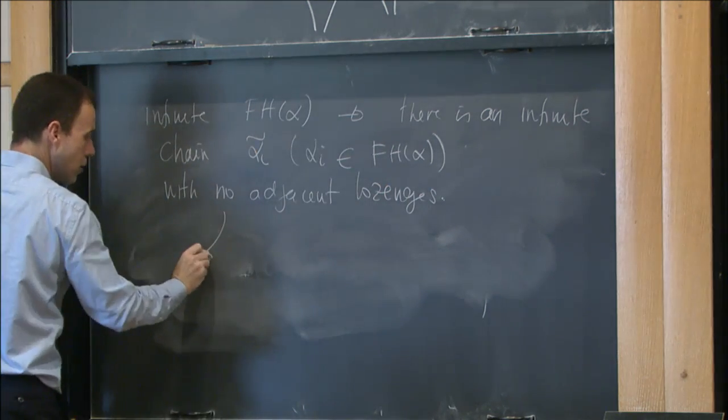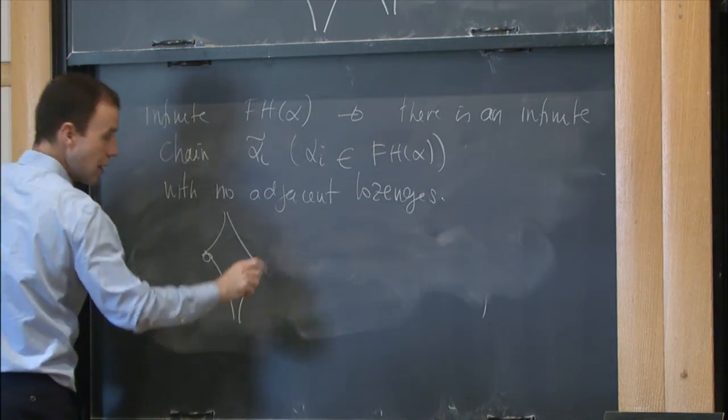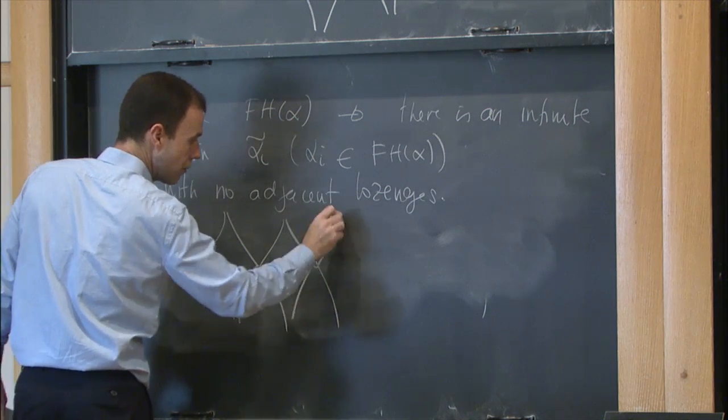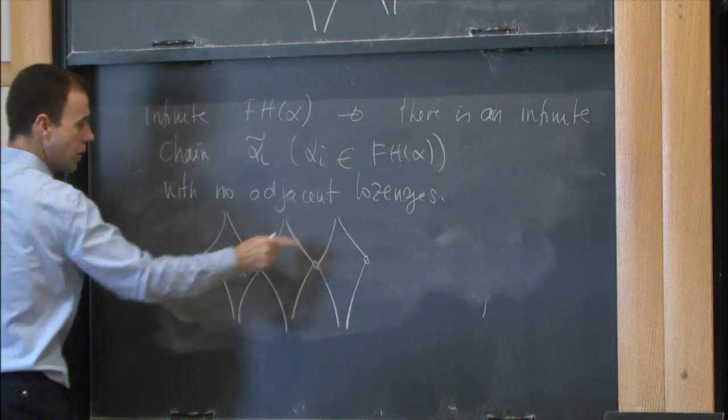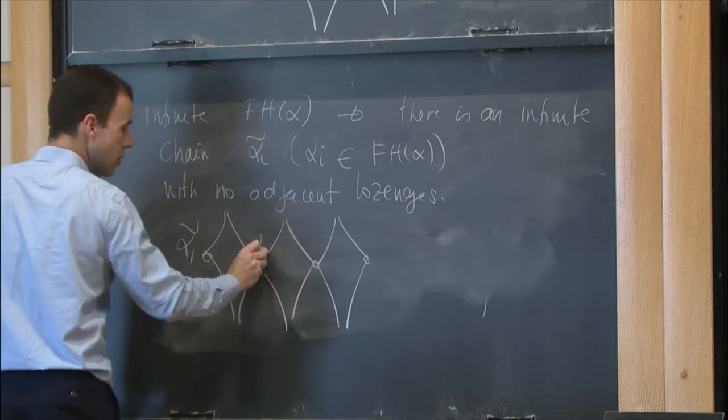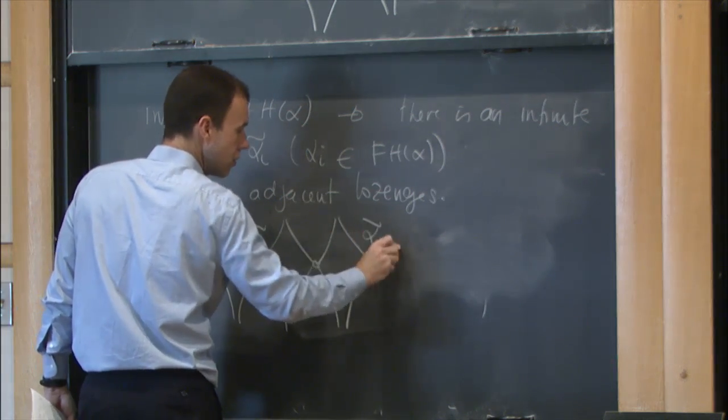So the picture is exactly the picture I have there. They're never adjacent. The source keeps to the side. So from one to the next, I never go to something which is adjacent. So this will be alpha 1 tilde, alpha 2 tilde, alpha n tilde, and so on.